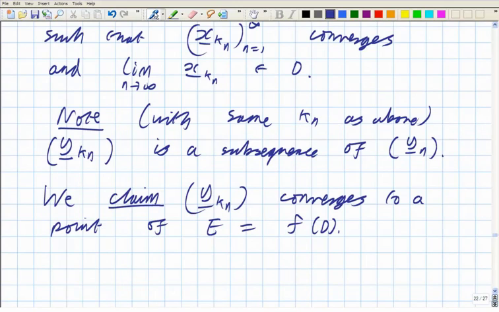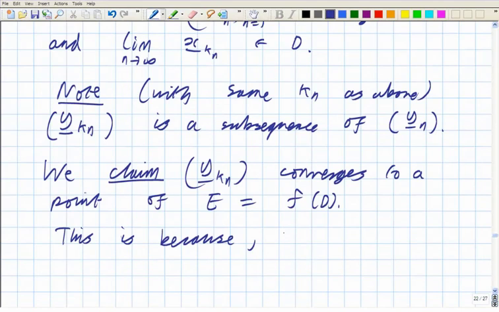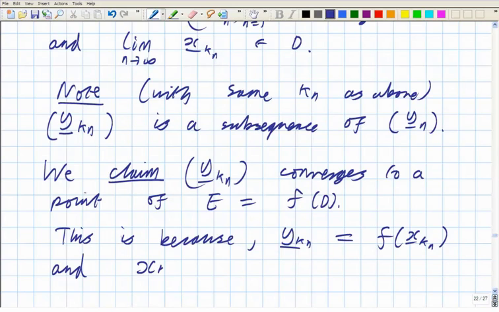And to see this is because y_{kn} is actually equal to, remember, each y was the image of the corresponding x. y_{kn} is f of x_{kn}. And x_{kn} tends to some x in D, say, by above, as n tends to infinity.